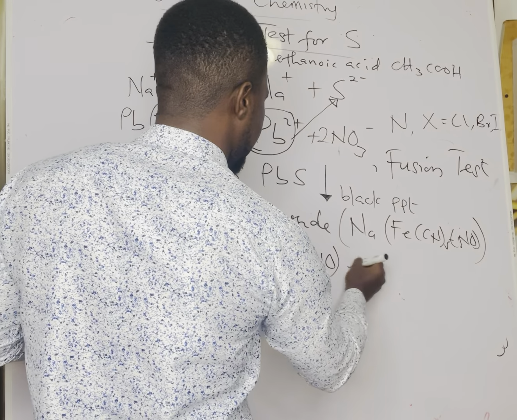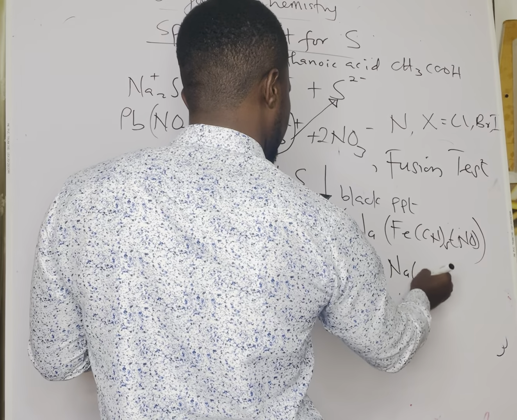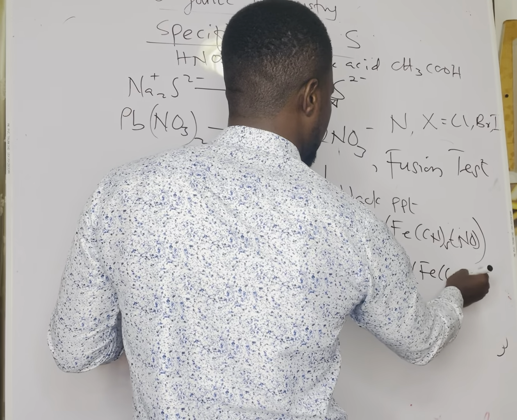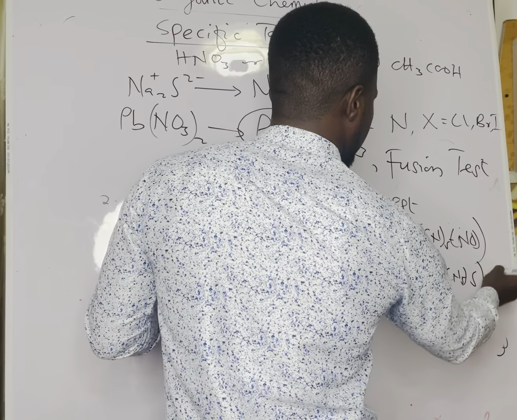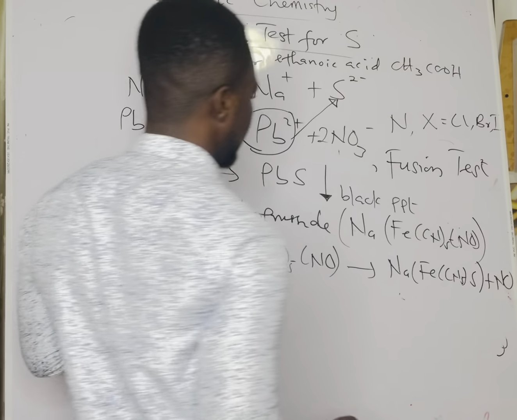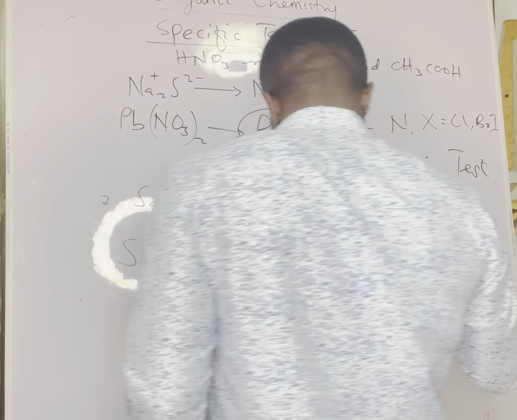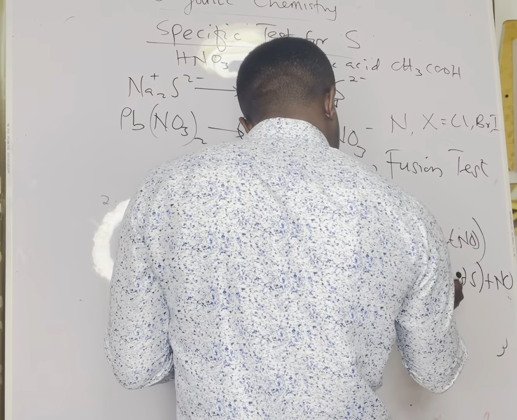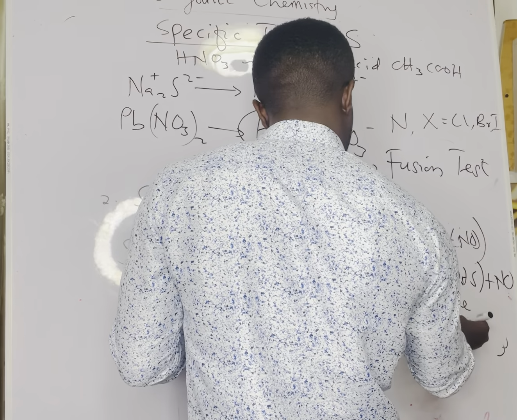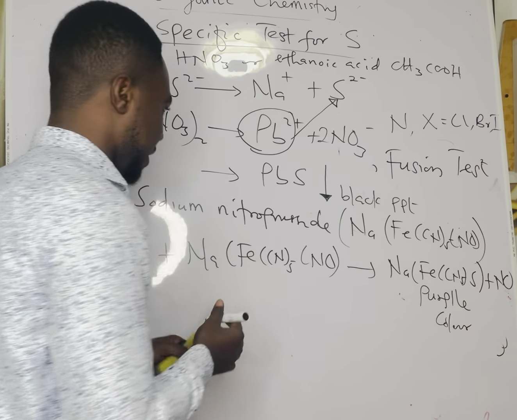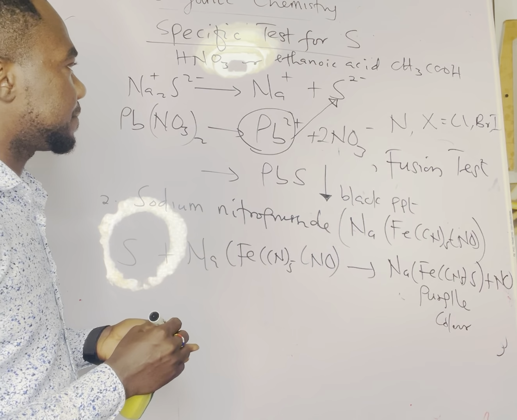So the reaction now will take us to plus NO. Okay, and this will give us a purple color, showing the presence of sulfur in the organic compound. So that's a specific test for sulfur.